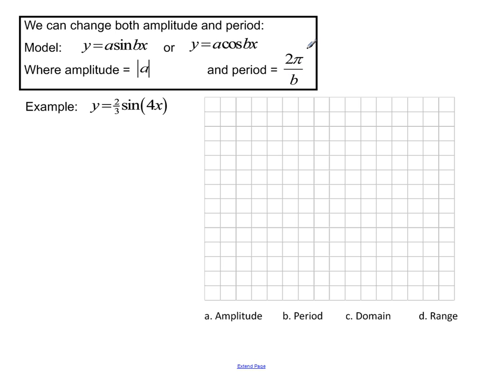And in addition to the period, again, I always like to stress that we are going to get key points that always occur at 1/4 of the period apart from each other. So key points are always found by taking 1/4 and multiplying that times the period of the function.